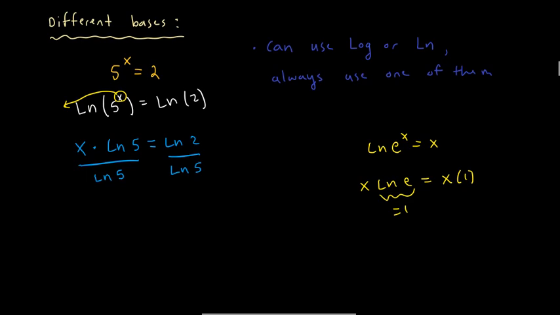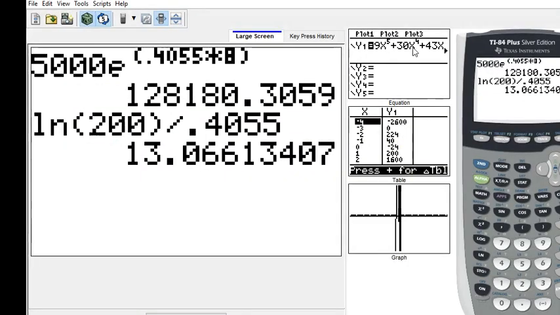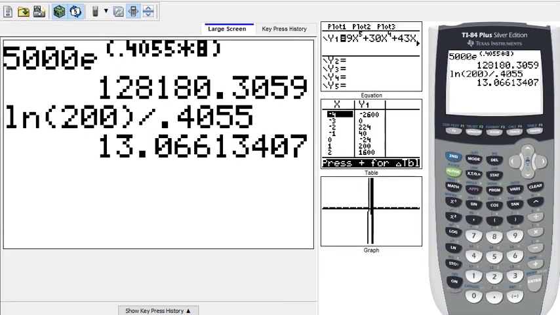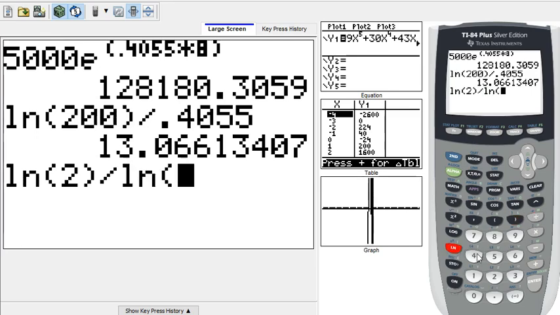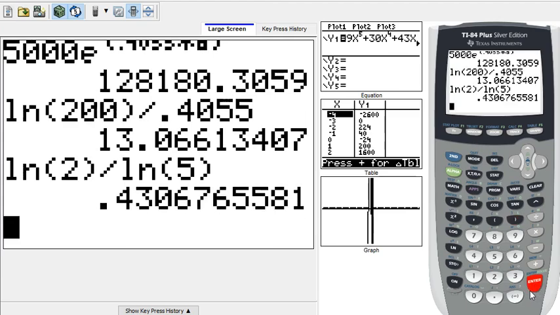Now, again, we went through these exercises earlier. It was good, those homework questions people asked, to point out that the natural log of 2 divided by the natural log of 5 is not the natural log of 2 divided by 5. So if I want to figure out what that equals, I'm going to type into my calculator natural log 2, close the brackets, divide by natural log 5, and discover that that equals roughly 0.43.